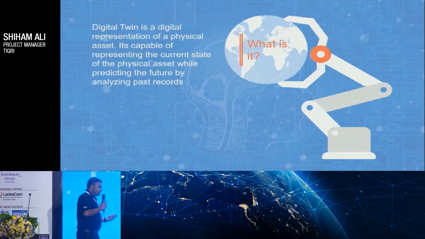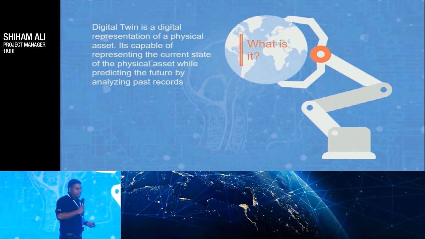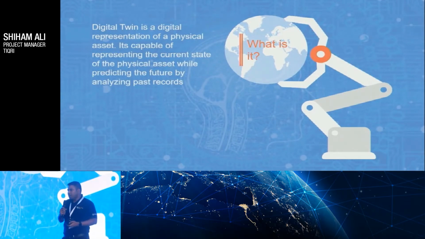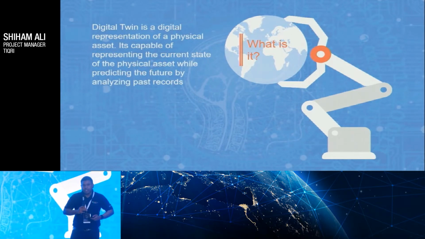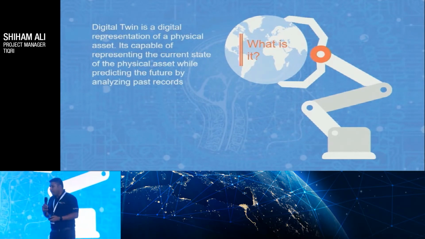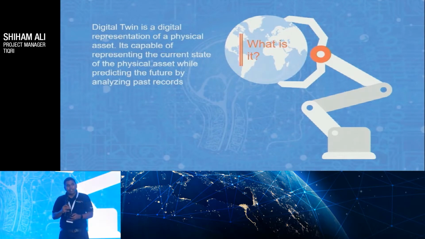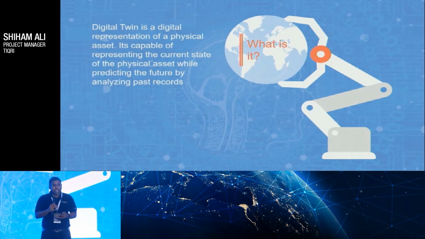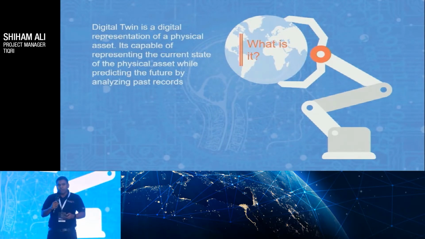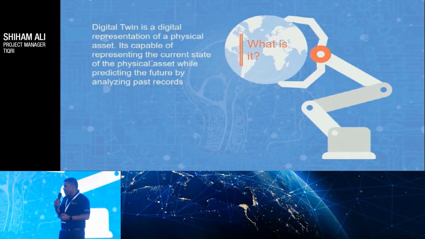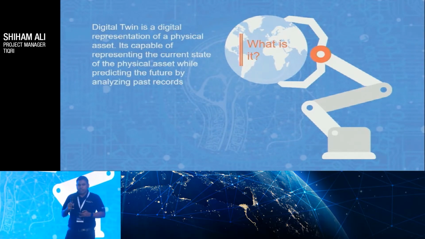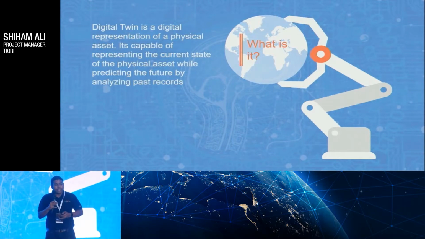So this is the definition of what a digital twin is, right? Digital twin is all about representing a physical asset in a digital world. How you do that is to get real-time data of the physical asset. When you say physical asset, it could be a human or a building or any asset physically available out there. So how you represent this is basically bring real-time data of that particular asset, basically the current state.